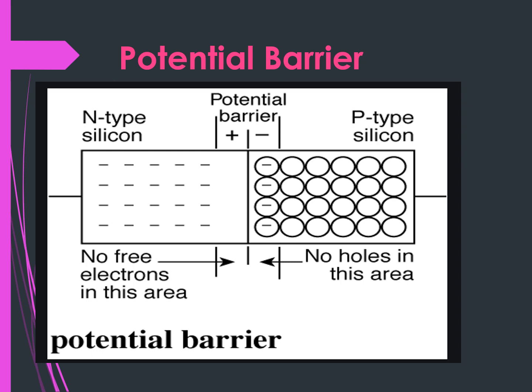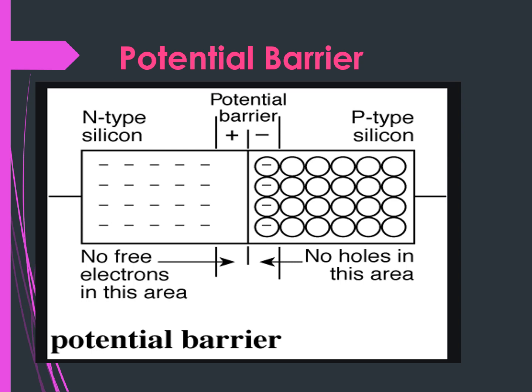The p region, where the holes are moving out, becomes negative. This establishes an electric field across the junction, which is directed from the n region to the p region.